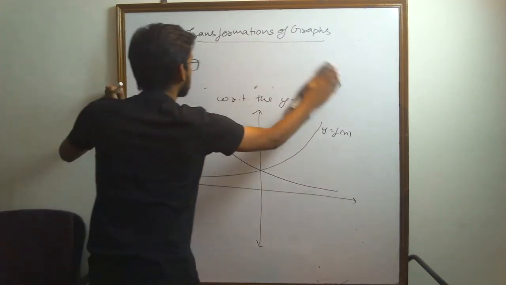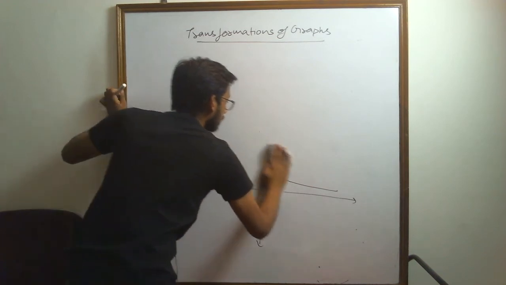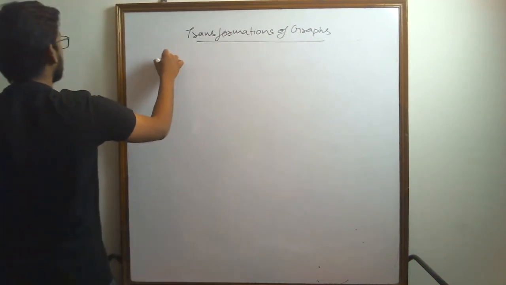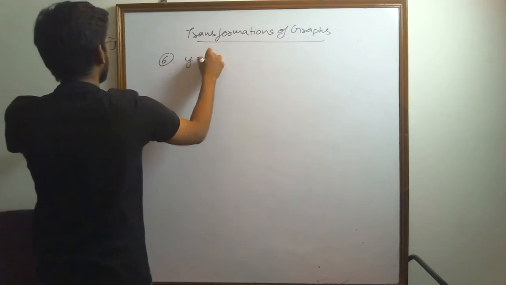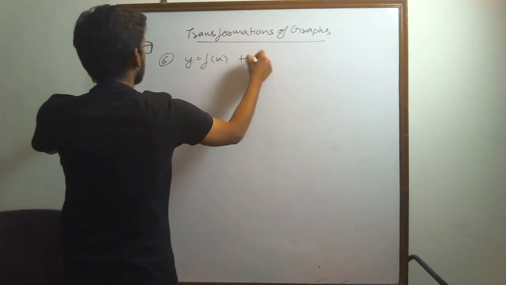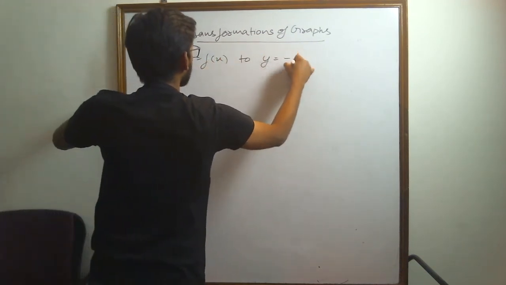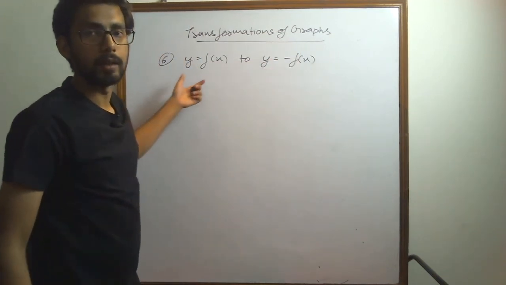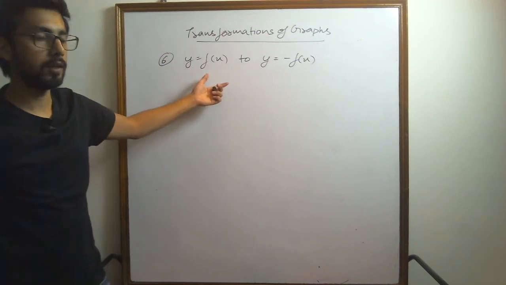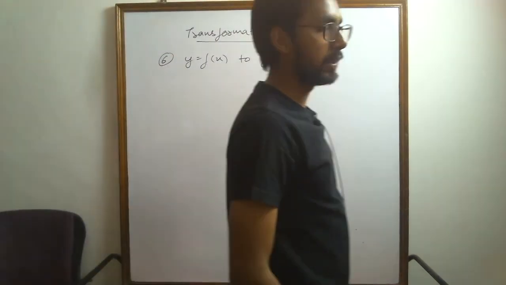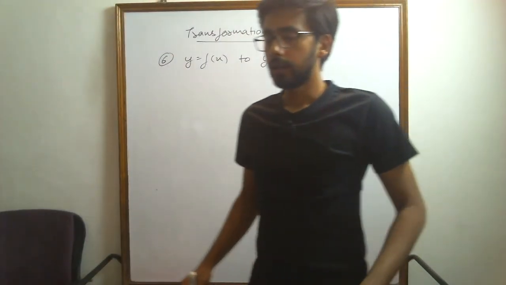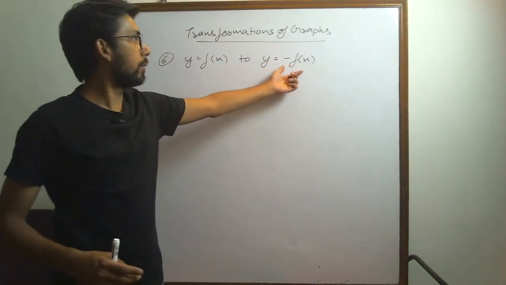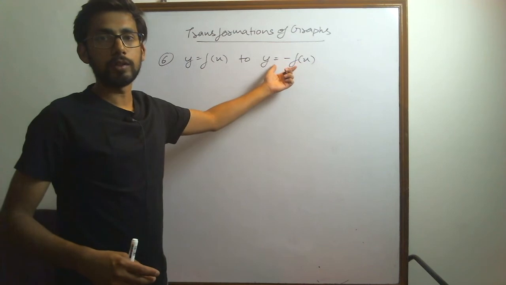Let's go to the sixth transformation. y is equal to f of x to y is equal to minus of f of x. Again, you should be able to think what the transformation will be here. The value that we were getting here will now be coming with a negative sign for this graph.